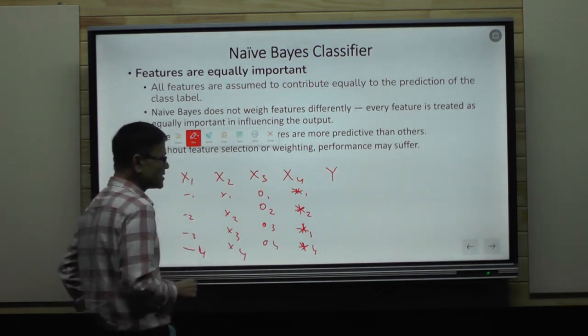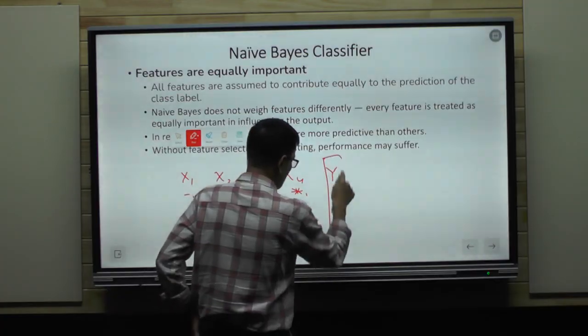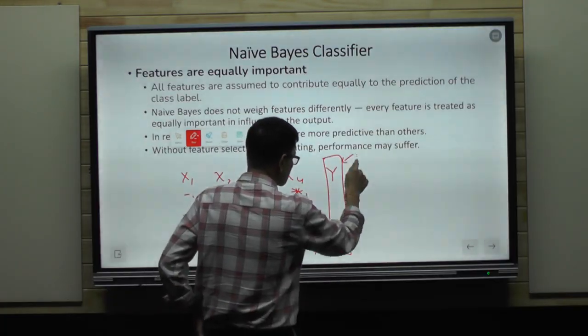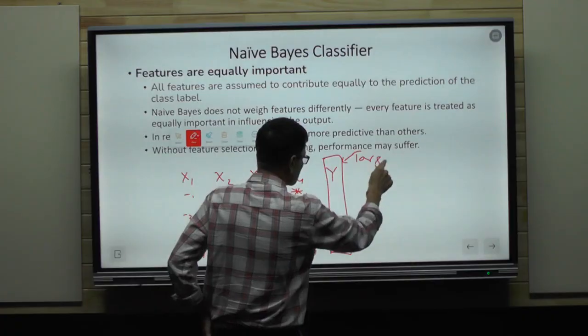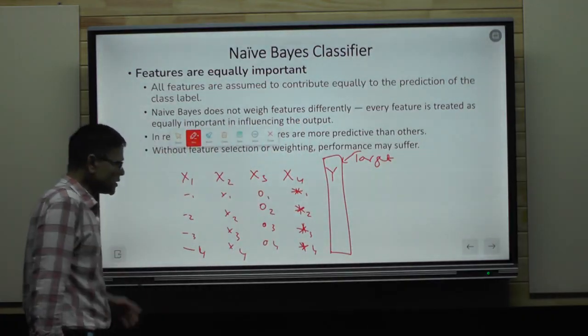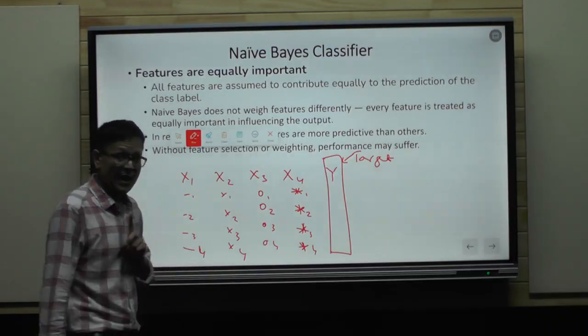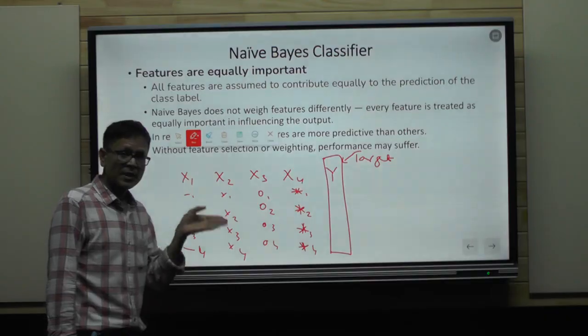So let's assume this, and this is your output target. So 4 features are given in the data set, and we assume that all features are equally important.